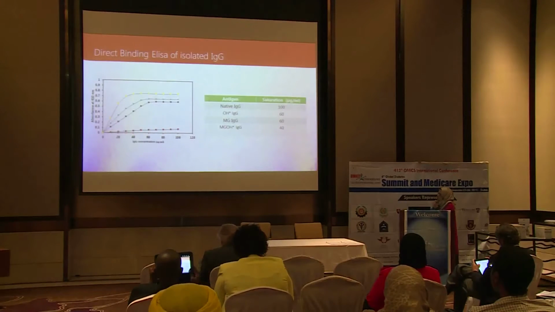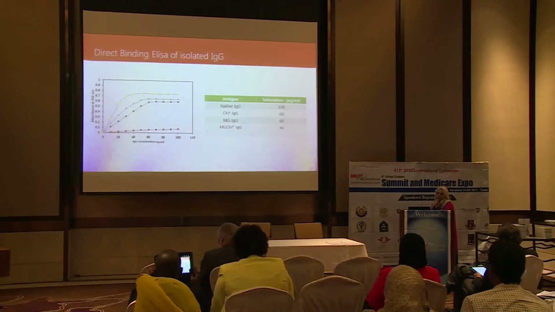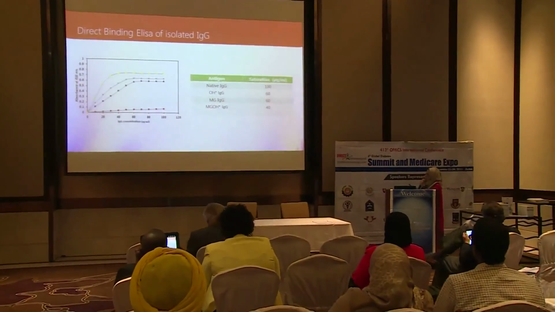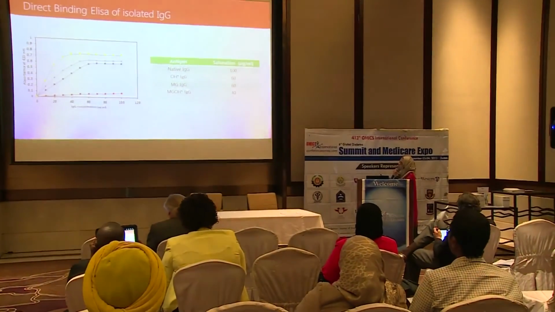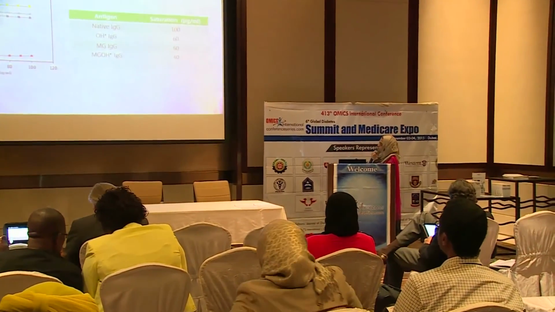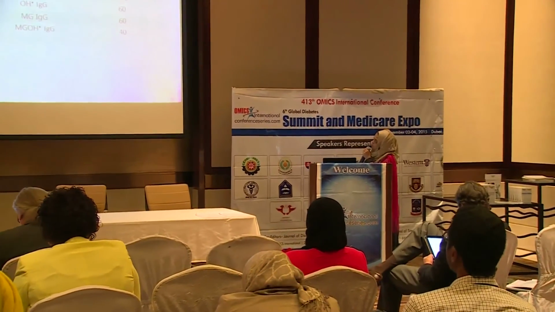This was followed by isolation of IgG from the sera of diabetic patients, which showed very high percent inhibition. Direct binding ELISA of isolated IgG was carried out to find the saturation value, the amount of antigen required for saturation.